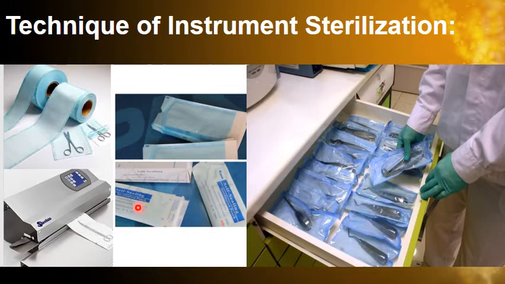It will have two indicators that will change when I put them in the autoclave. If you want to check if they are completely sterile, or if you're confused whether you entered this instrument to sterilization or not, you only have to check the back of the pouch to see if it has changed color. It means it is completely sterile.